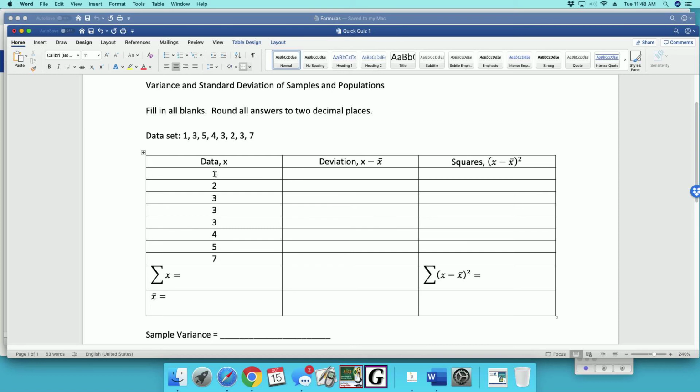The data does not need to be ordered to figure out the standard deviation and the variance. You just need to put the data in the first column.